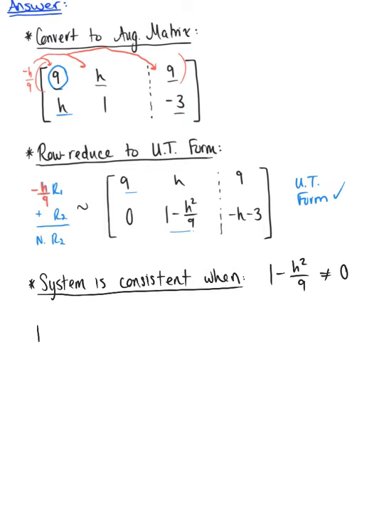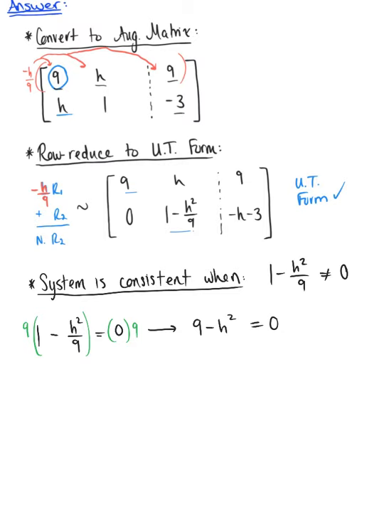Here we go. We have 1 minus h squared divided by 9 is equal to 0. And I'm not a fan of fractions, so I'm going to multiply both sides of the equation by 9 right off the bat to remove those fractions. So now we are left with 9 minus h squared is equal to 0, which is much more friendly.